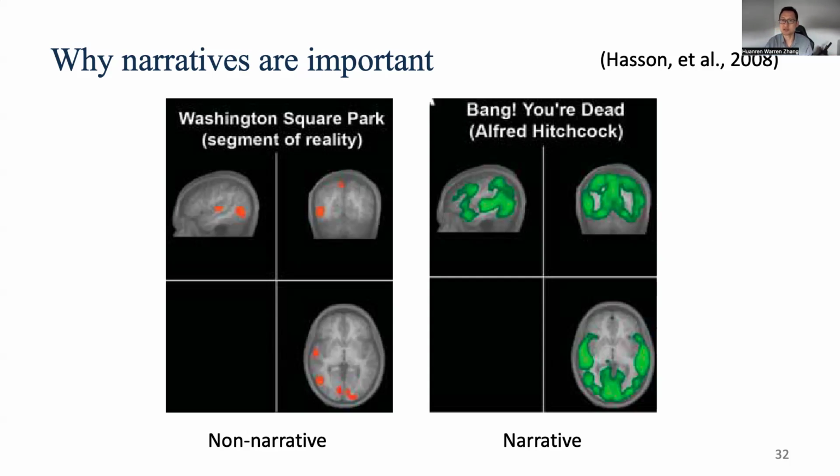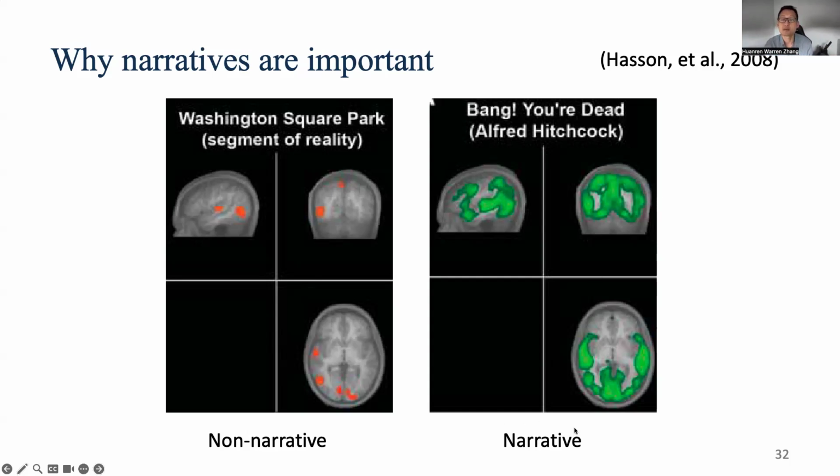So it's nothing special. You just hang a camera there and document everything. So here is a non-narrative documentation of what is going on. As you can see, not a lot of areas in the brain got activated.